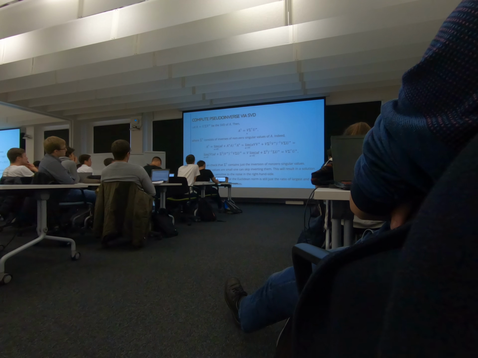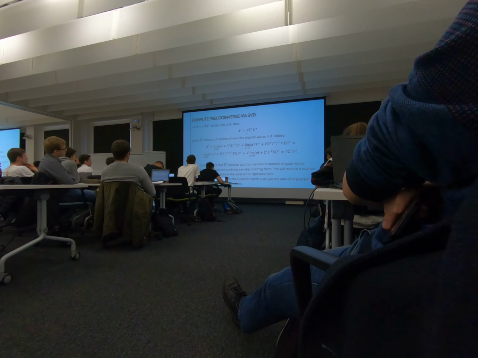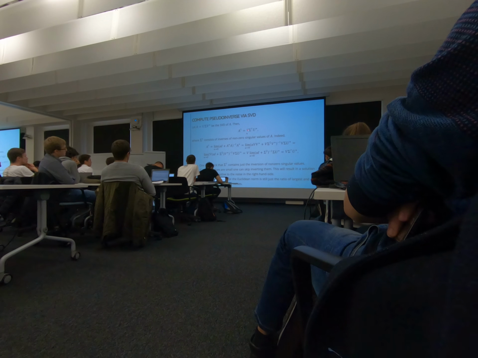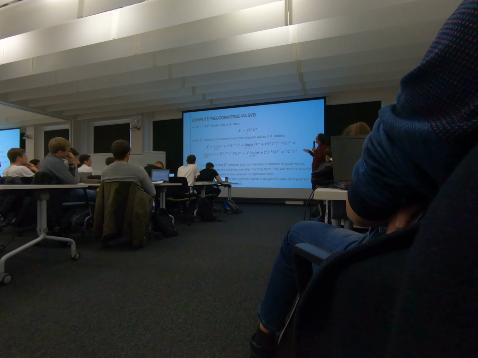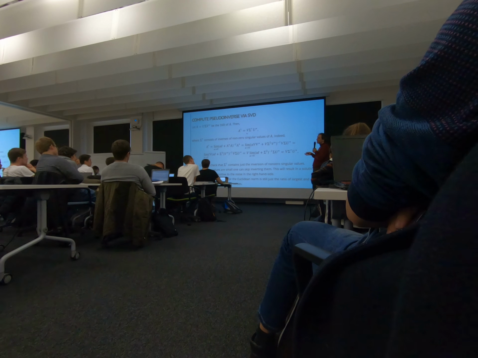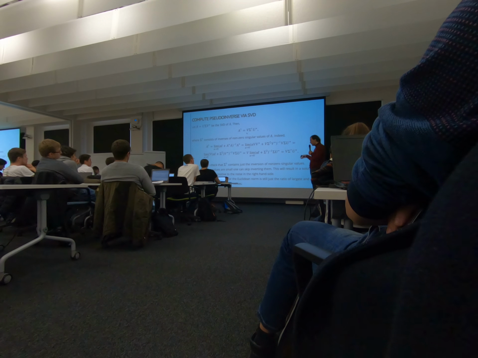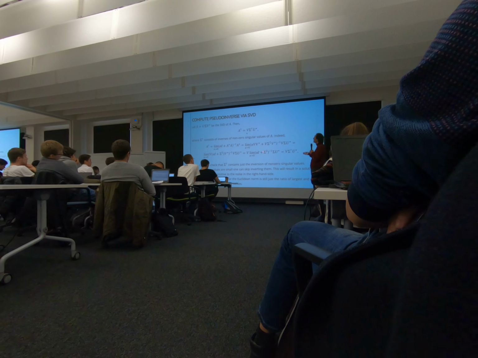To compute the pseudo-inverse, you can use SVD. Again, you use this SVD, you take transposes of these factors, and then you take the pseudo-inverse of the diagonal matrix, which is just the inverses of the non-zero singular values. So the strongest way to compute a solution to the pseudo-inverse, and therefore the solution of a least squares problem, or a regularized inverse in the case it's ill-conditioned, is to take the singular values and throw away all zero ones or all small ones.